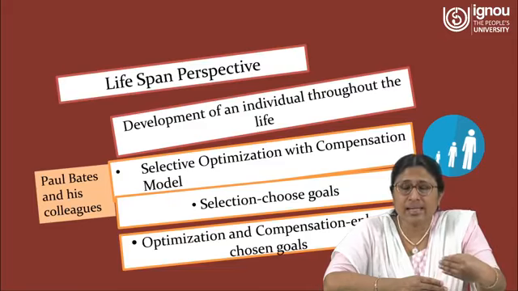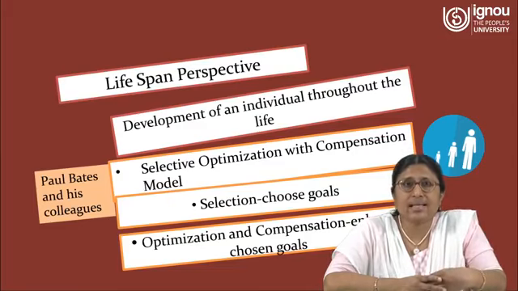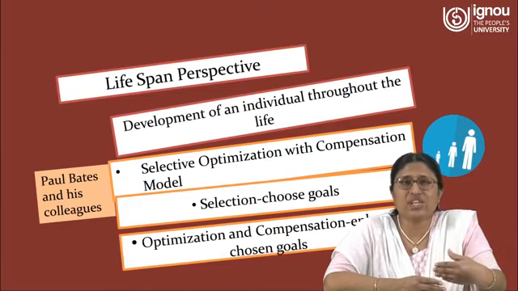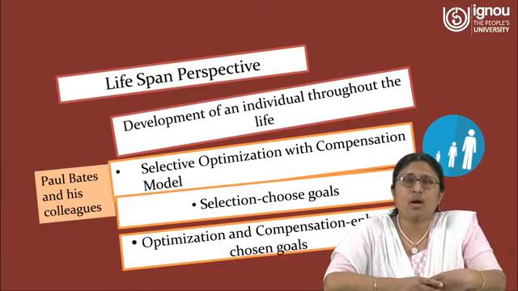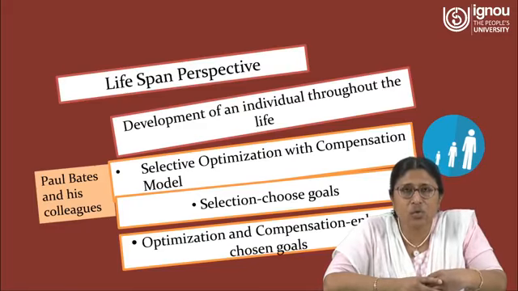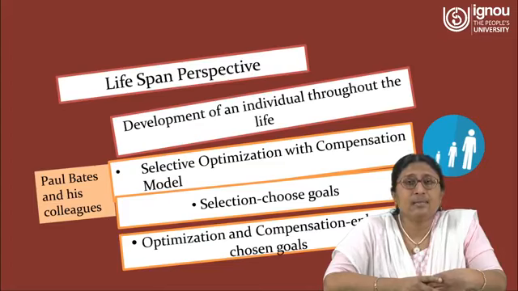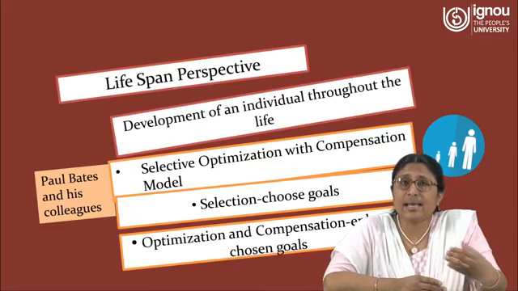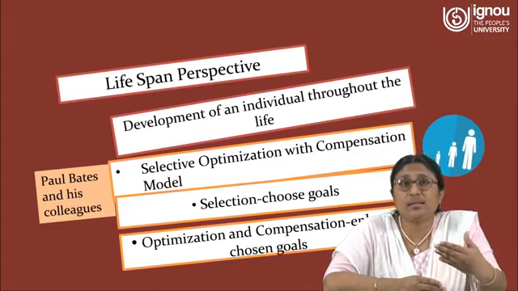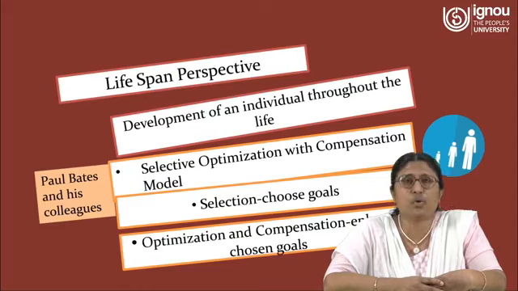Here, in the interaction, we have to think about one model, that is the selective optimization with compensation model. In abbreviation, we say SOC. First, let me see what this model is. This model states the interaction that takes place between three processes. Which are the three processes?